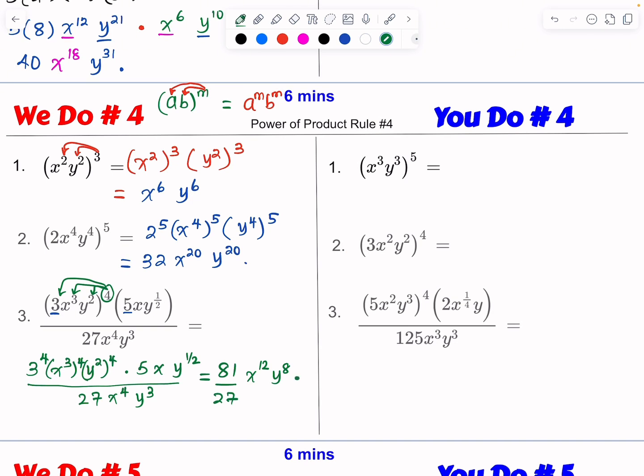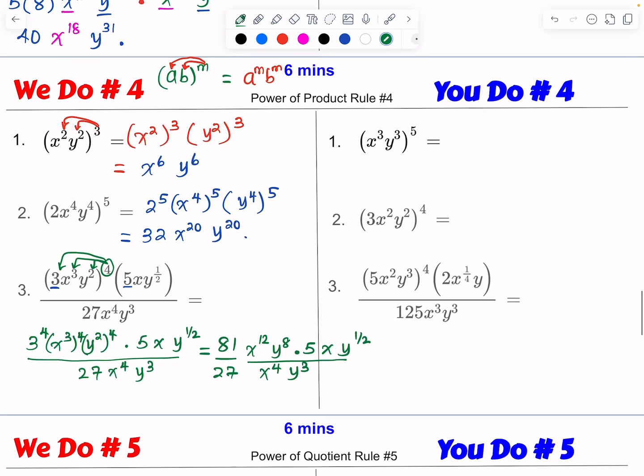Multiply by 5, right? And then I have my x, y to the power of 1/2. This one you have to be very careful on. And then now we have x to the power of 4, y to the power of 3. If I divide 81 by 27, that one should give me 3, and then 3 times 5 should be 15. So if I simplify the numbers, I should have 15. And then notice something.